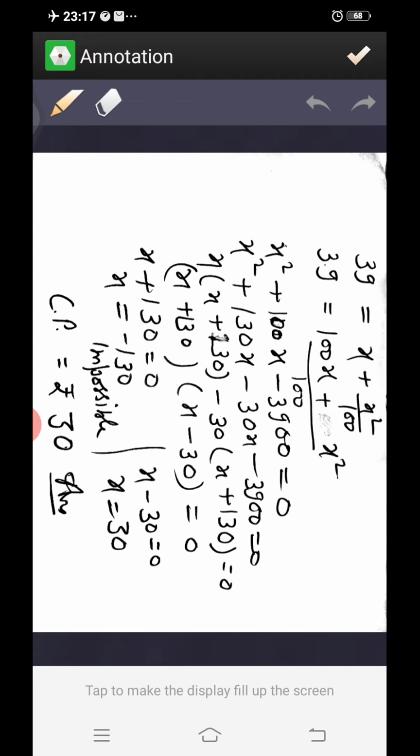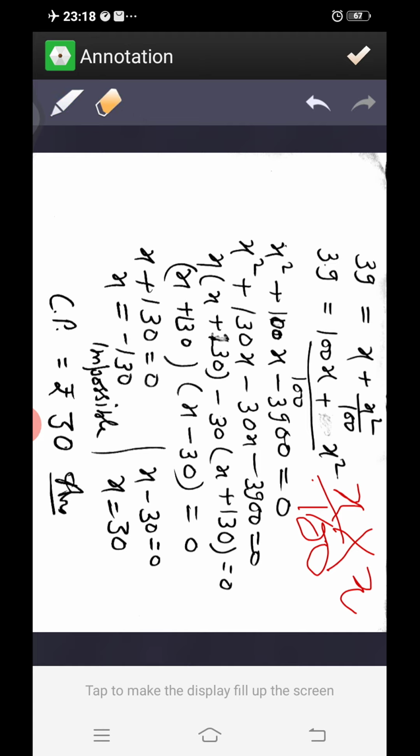Then here we take x plus x square upon 100.